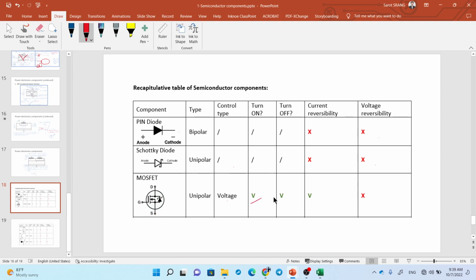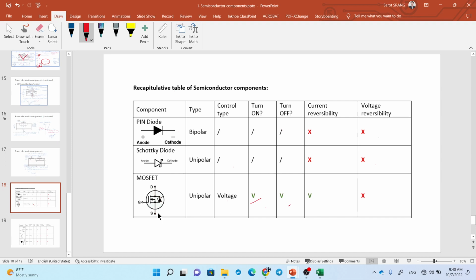So we can program to send a signal to turn it on, turn it off, and it can allow reverse current, but cannot allow reverse voltage. Why cannot reverse voltage? Because you have a diode here. If the potential is higher than here, then current just flows freely. So there's no voltage across these terminals.